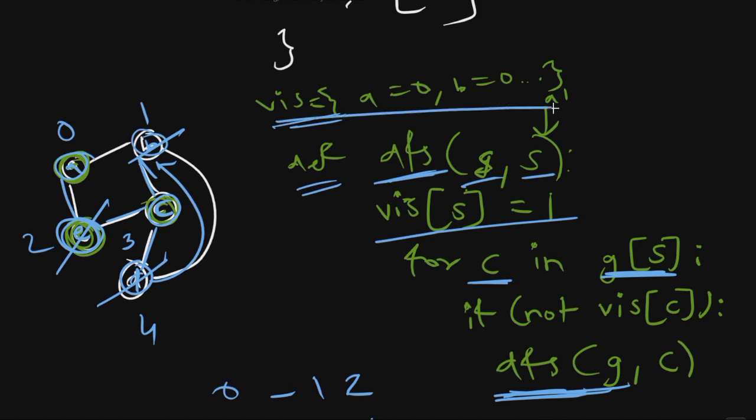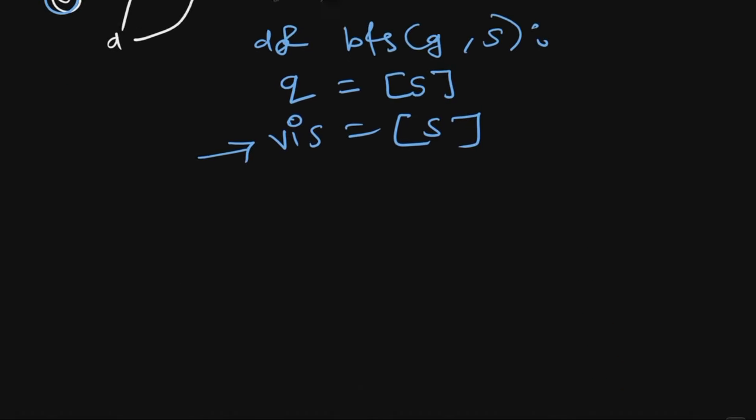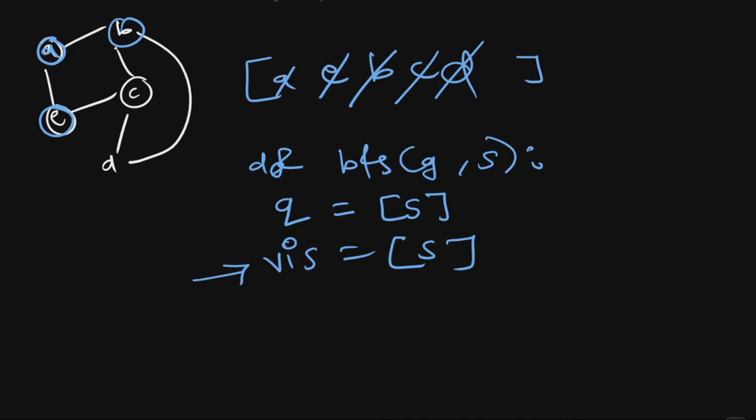But we need the visited array to be permanent and consistent for all the calls, so we declared it outside the function. Here, we are implementing this without recursion, using the normal iterative approach, so that's why we use visited inside the function.